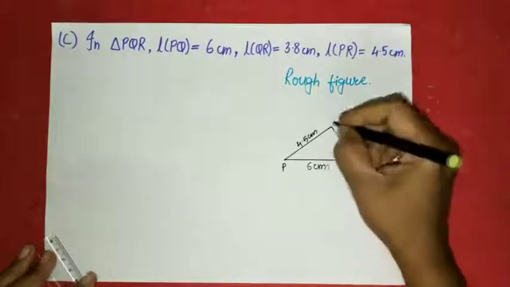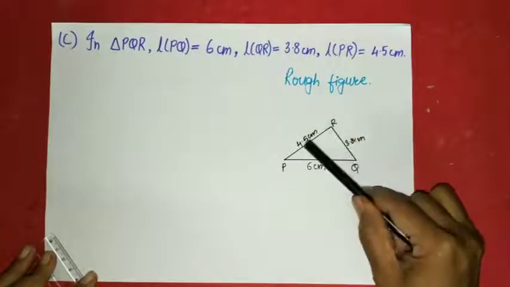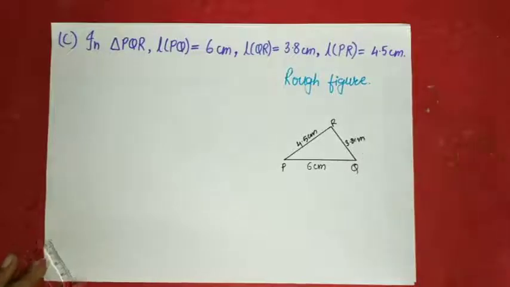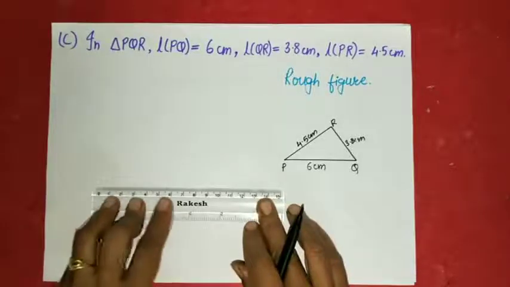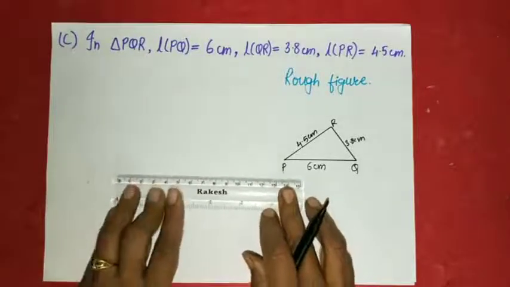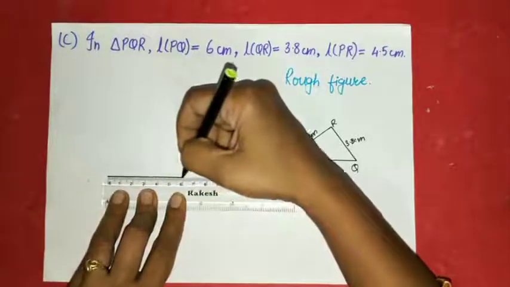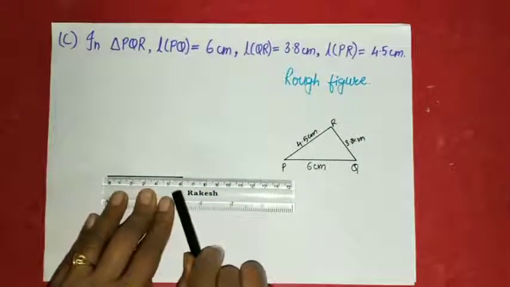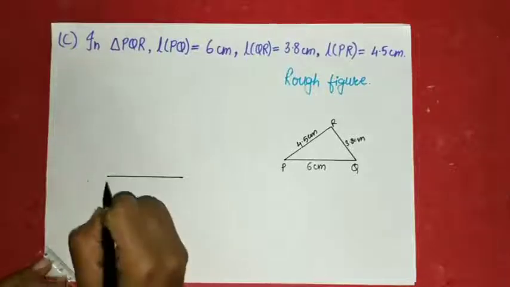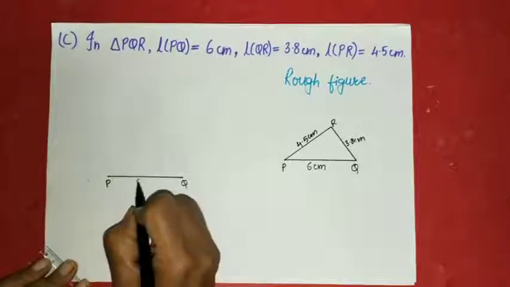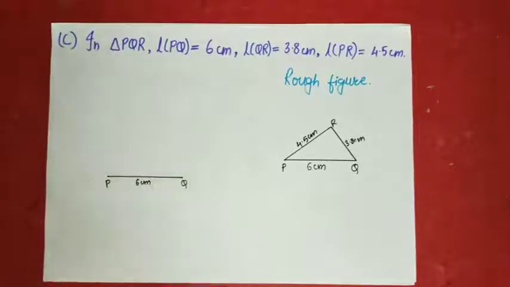Name of this vertex will be R, because length PR is 4.5 and QR is 3.8 cm. Now let us draw the exact figure for the given measurement. First we have to draw segment PQ of 6 cm. So from 0 up to 6 you will draw segment of 6 cm. We will give name PQ to this segment. Write here the measure of the given segment.